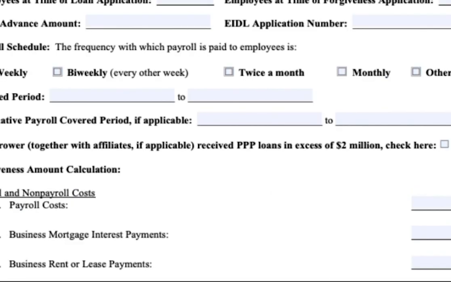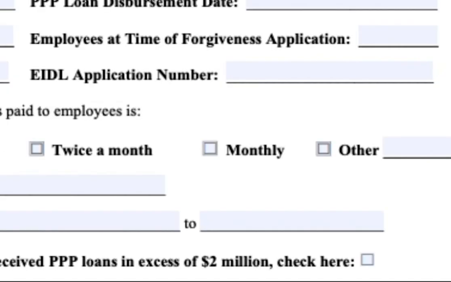Okay? So the next field is the lender PPP loan number. That loan number should be on your loan document. And if you receive the PPP loan through your bank, if you sign on, like I could sign on and see my PPP loan number, that is the loan number your bank assigned to you, okay?